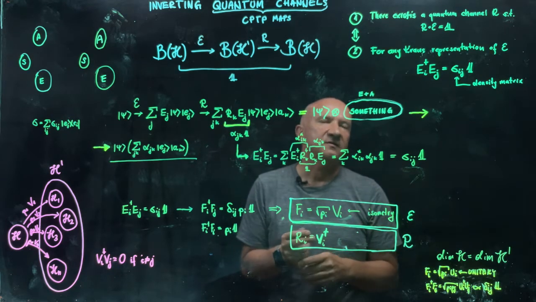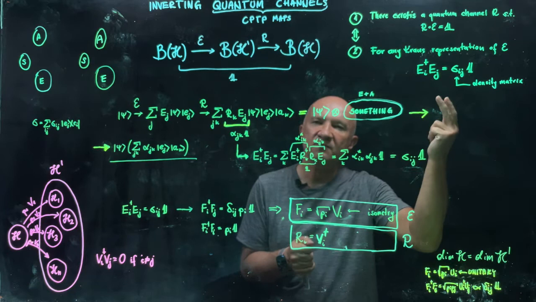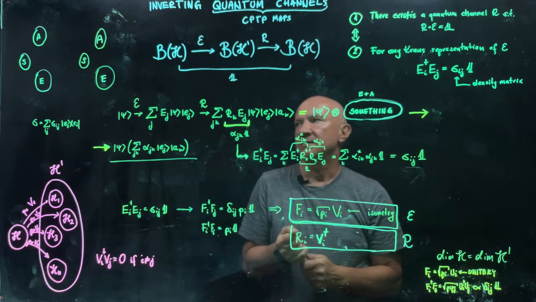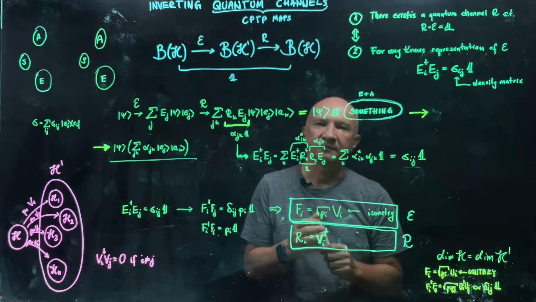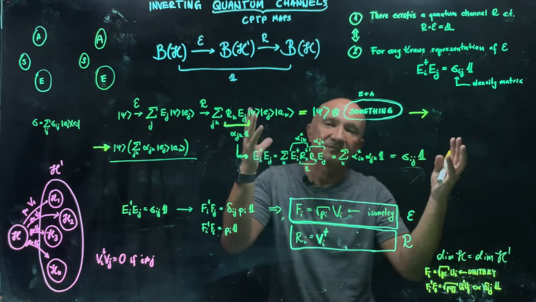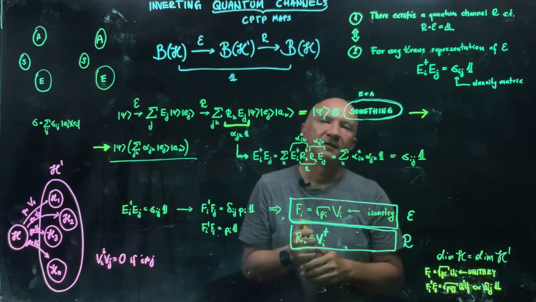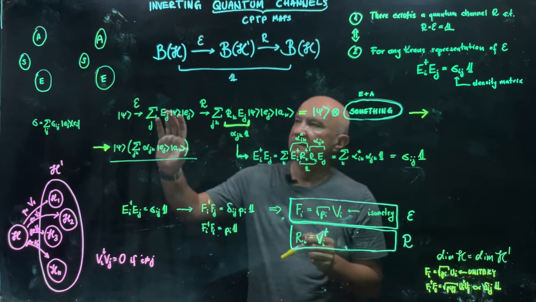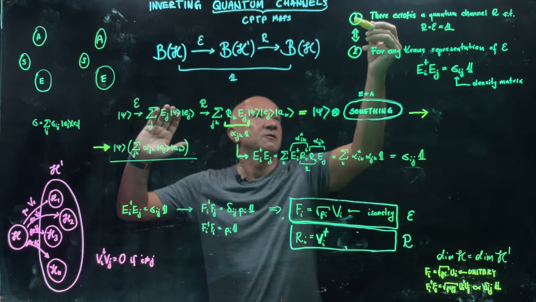But as a physicist, you may also ask, is it a generic density matrix, or is it a density matrix of some system? So it is indeed the density matrix of the system, actually of the environment, which is involved in inducing the map E.